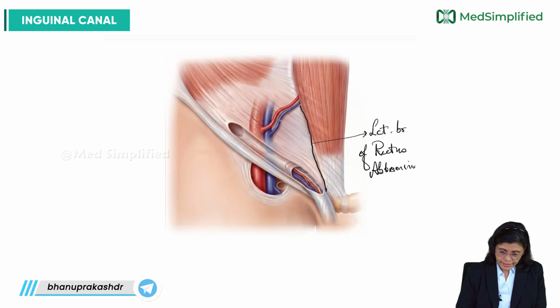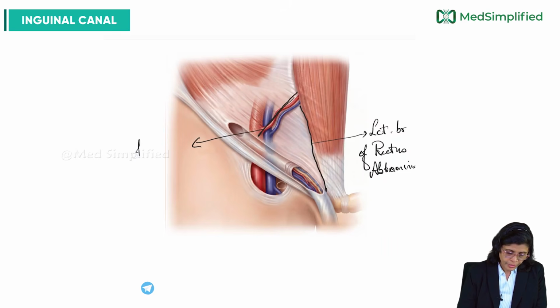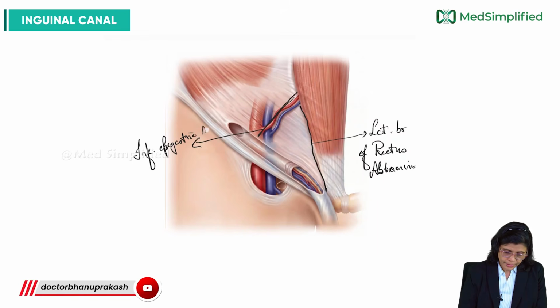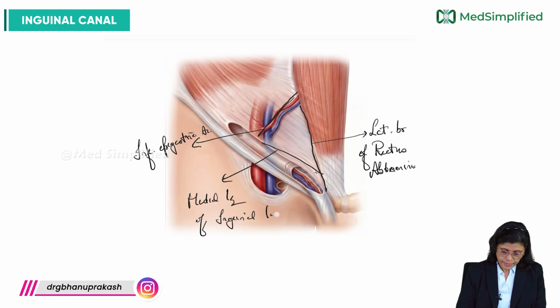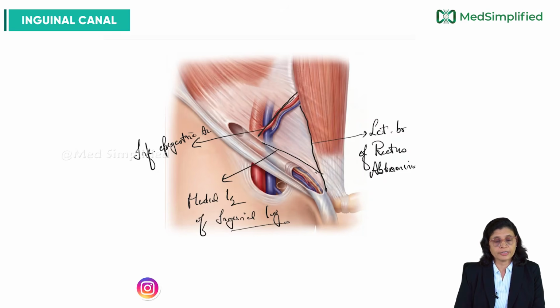Laterally, it is the inferior epigastric artery here, you can see. And inferiorly, it is formed by the medial half of the inguinal ligament. Okay, so these are the boundaries of Hesselbach's triangle.